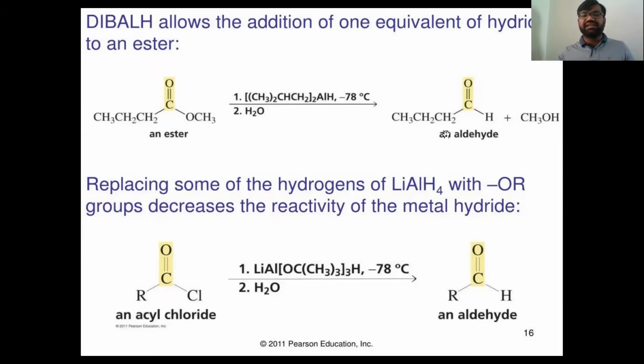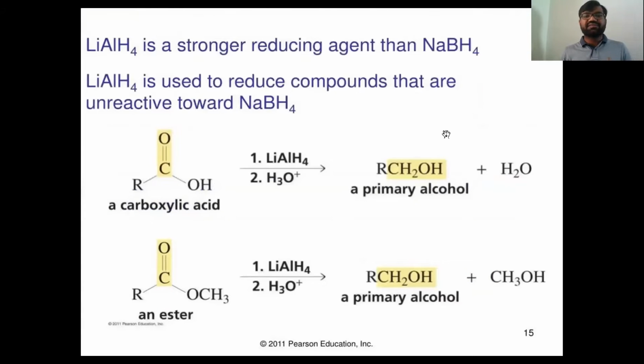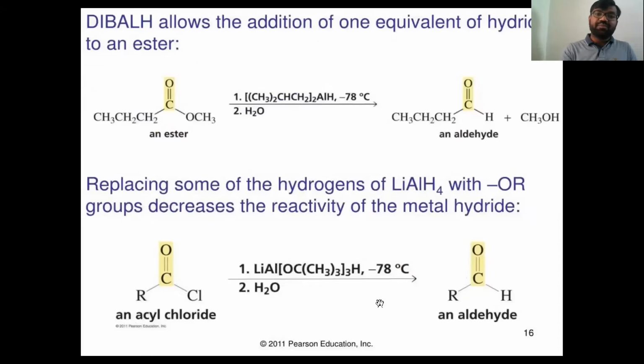Yes, here it can reduce ester to aldehyde. Now look back: lithium aluminum hydride can reduce ester to alcohol, whereas diisobutyl aluminum hydride, DIBAL, can be used to reduce ester to aldehyde.